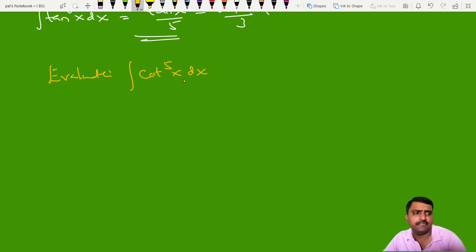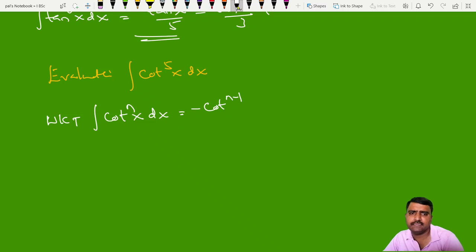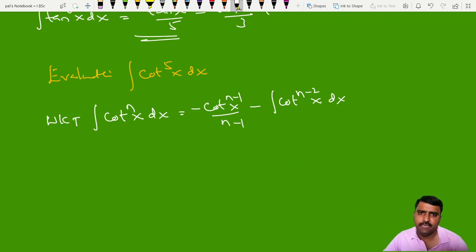Yes, to find its solution, we know that integration of cot to the power nx dx is equal to minus cot to the power n minus 1 x by n minus 1 minus integration of cot to the power n minus 2x dx. As in this one, put n is equal to 5.